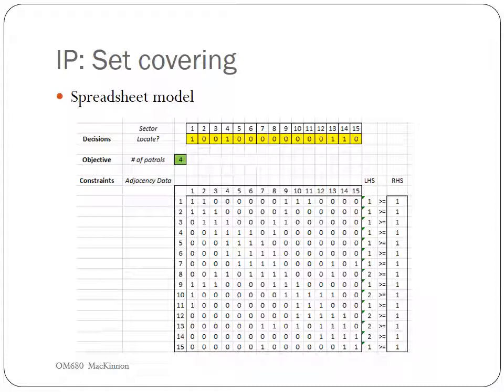So, for example, as you can see from the solution here, we do not have a patrol in region 2. But we have a patrol in region 1, which is adjacent to region 2. So the sum product works out. Take a look at this, work it out in your mind, work backwards if you have to, but understand how this works.